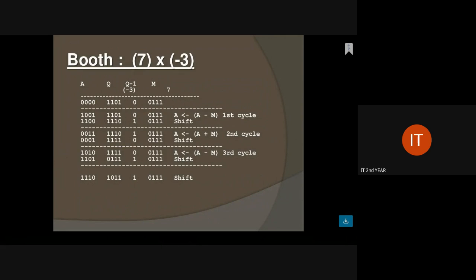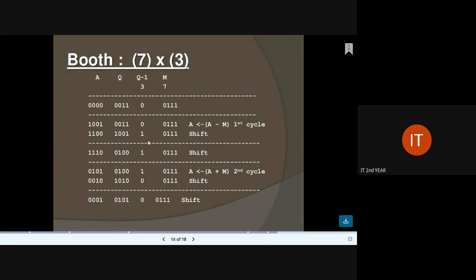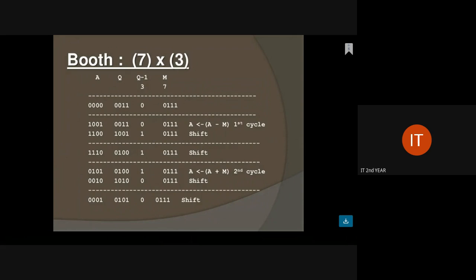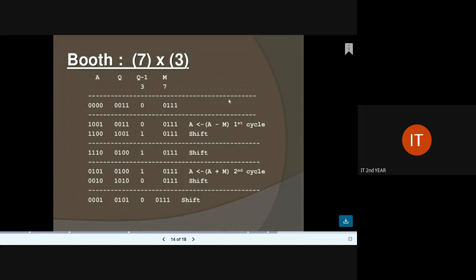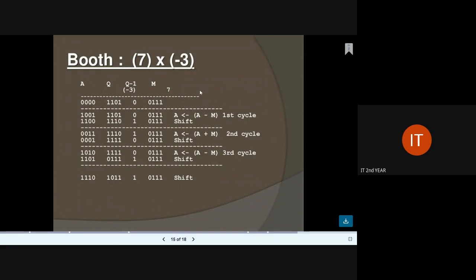So this is the final step of getting the final answer for 7 into 3 or 7 into minus 3. In these two examples, we have got a clear answer for signed multiplication and also unsigned multiplication. In this slide, we are dealing with unsigned multiplication, and in this slide we are dealing with signed multiplication, because 3 is a negative value.